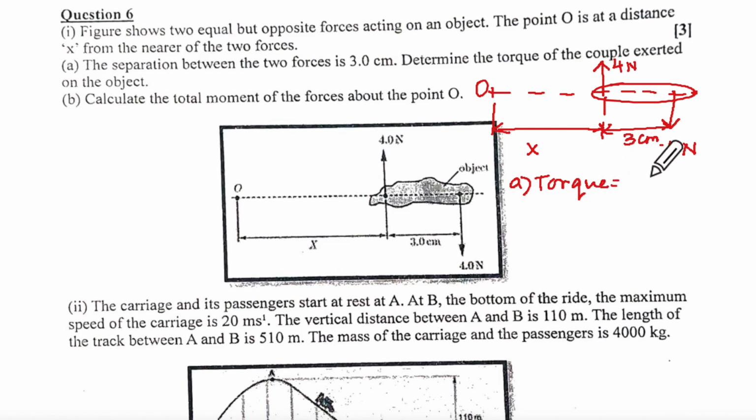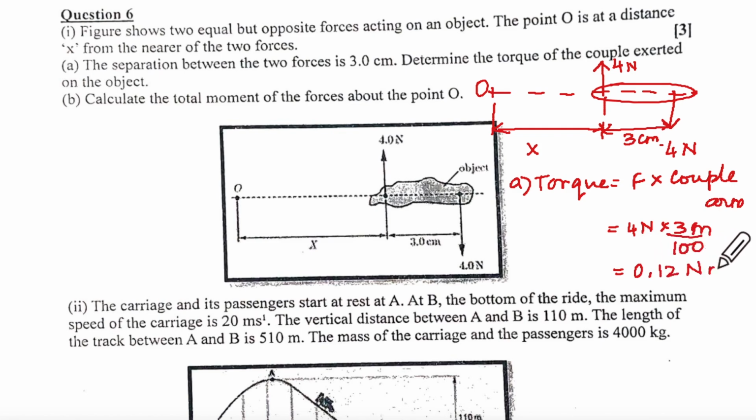Torque will be equal to either of the force multiplied by the couple arm. How much is that? 4 Newton multiplied by 3 centimeter. Can I write it in SI? I think better to write like this. So it will be 0.12 Newton meter, and it will be this way, and this way means clockwise.